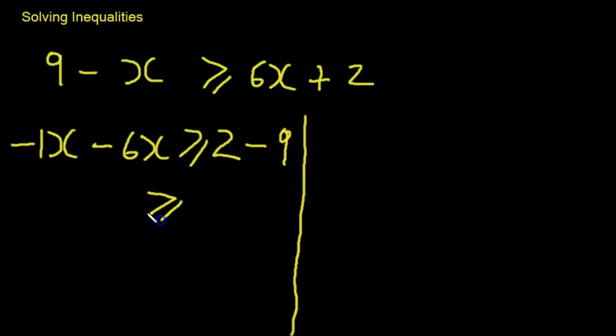Alright. So what's minus 1 minus 6? Don't keep the sign. So negative 7x. And 2 minus 9, that's minus 7. So we want to get rid of the minus 7, so we divide both sides by minus 7.